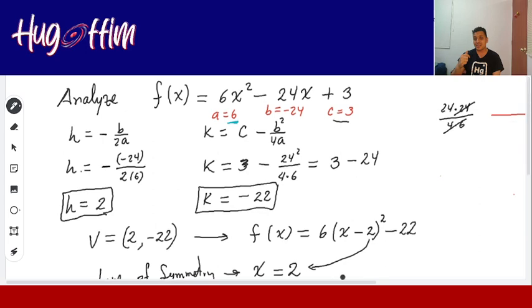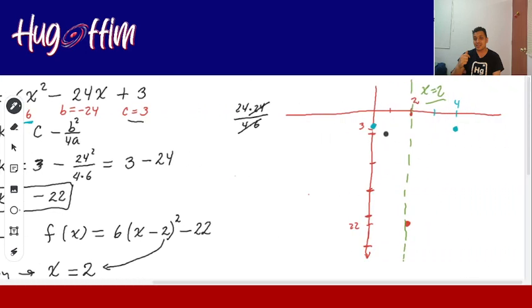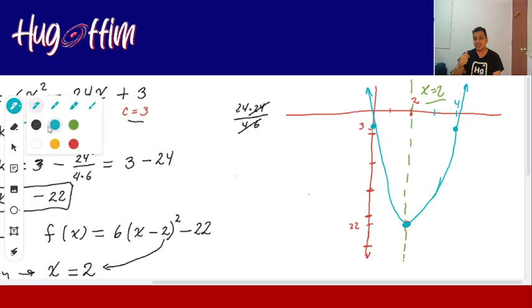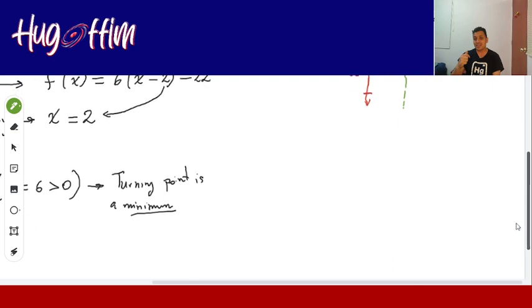This is something you can observe just by graphing these 3 points: the vertex is a turning point, but it's a minimum. So the graph, just by looking here, is going to have this symmetric form, and look at that, it's going to have 2 x-intercepts. So it's going to cross the x-axis twice.